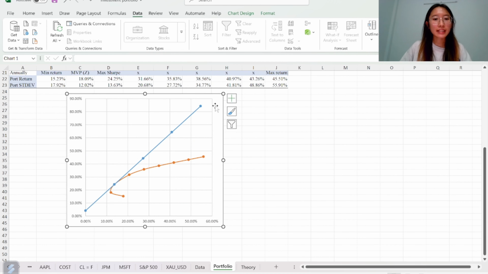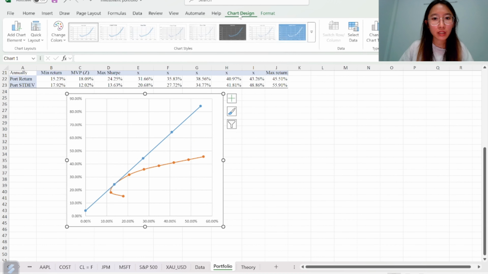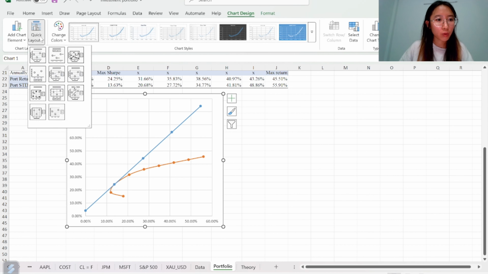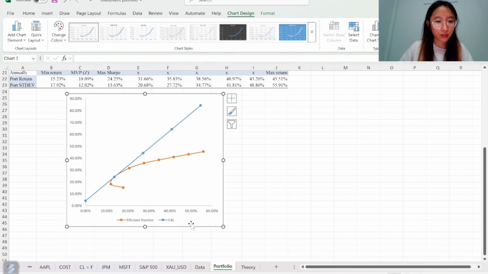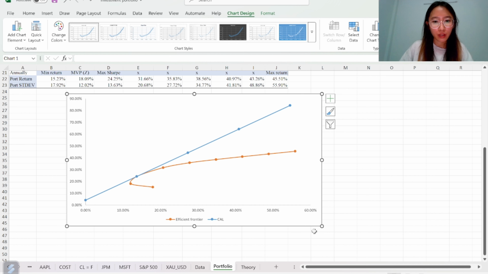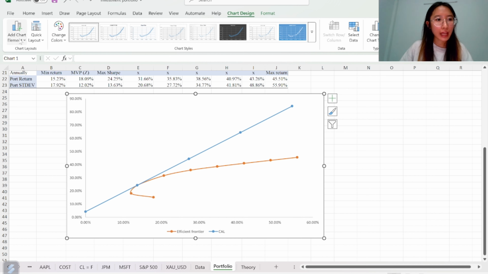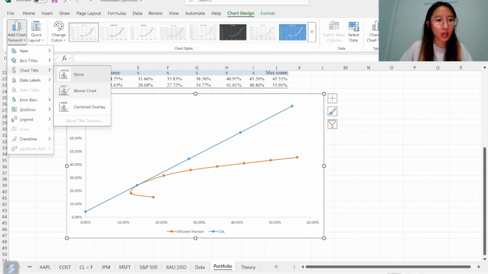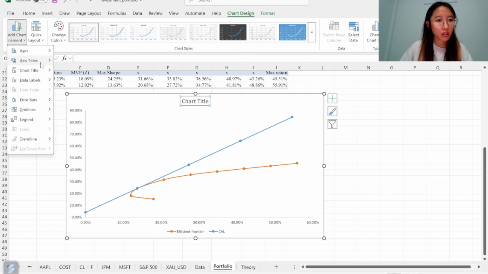So now let's add some more elements to it. Click chart design. I want no grid lines, so this is this. And let's add some more elements like the chart title and the axis titles also.